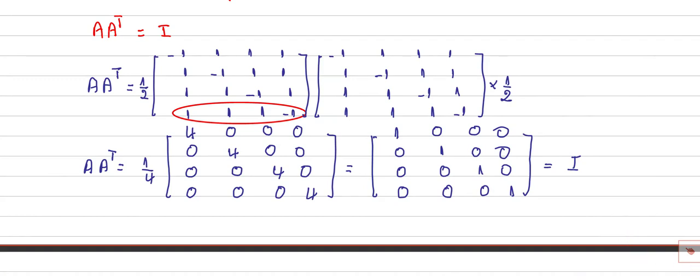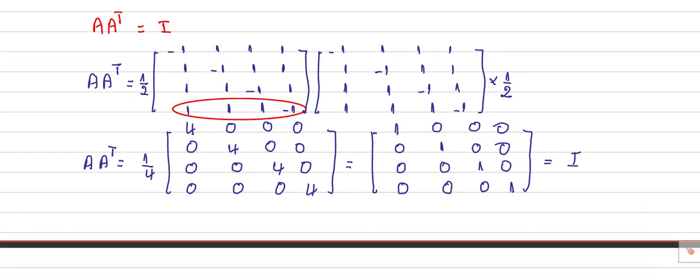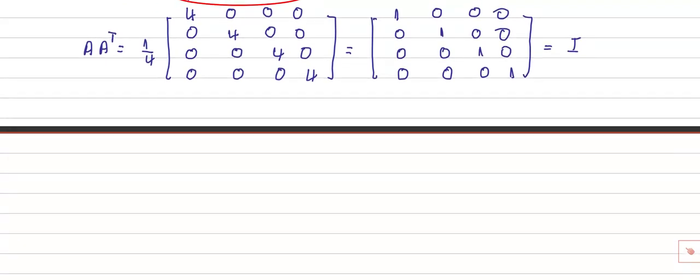Now we just have, by the way, A and A transpose is equal to I, or we can write A to the power minus 1, A transpose equal to A to the power minus 1 I. So this one is the identity matrix.